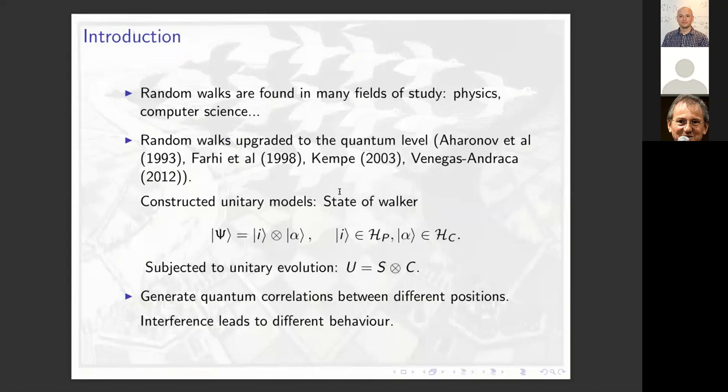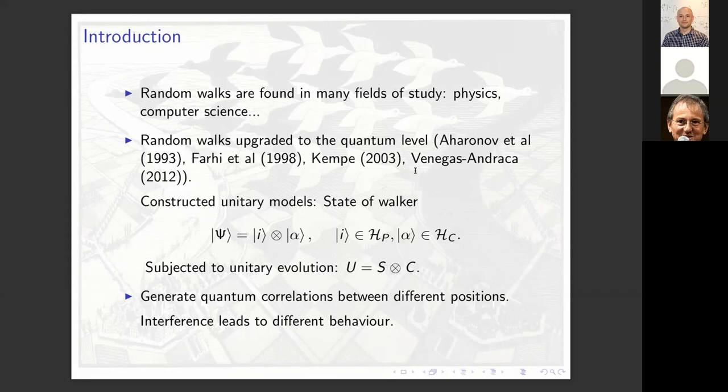Random walks are found in many fields, in physics, for example, and computer science. They're fairly ubiquitous things, even in financial mathematics, and I guess some biological models also make use of random walks. Now, random walks were upgraded to the quantum level by many papers.